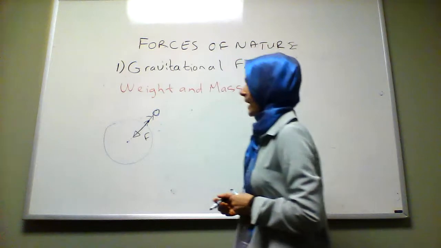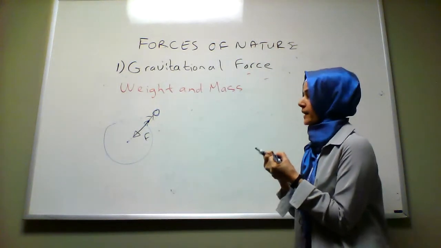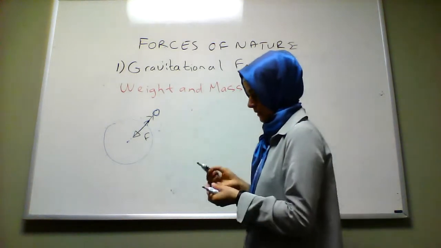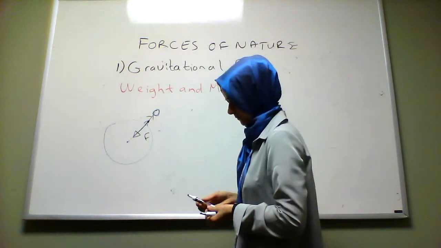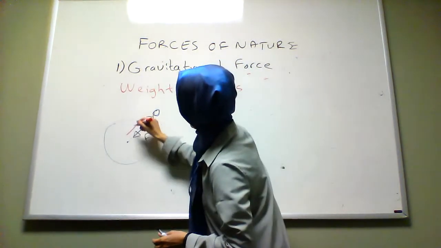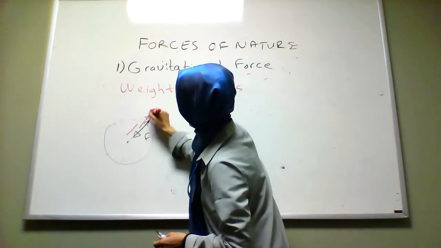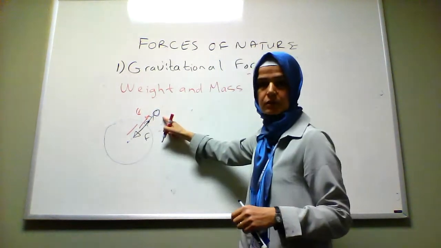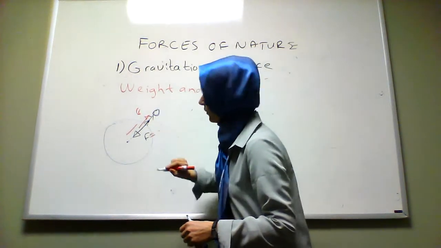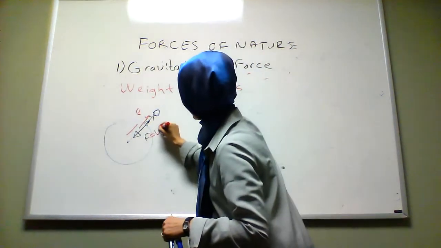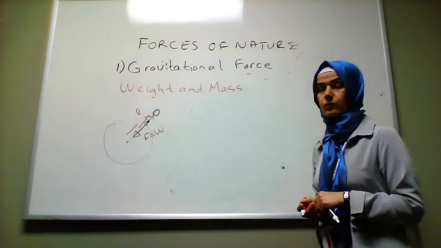So there is a force acting on the person by the Earth. The person is also pulling Earth towards himself, and it's equal and in the opposite direction. But let's not talk about that yet. We are interested in the force that is exerted on the person by the Earth, and this very force, the gravitational force, is equal to the weight of the person.